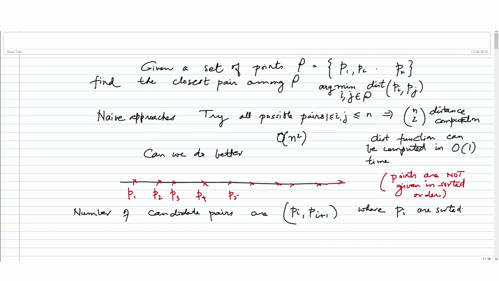Alternately, we can first sort the points, and then try the n minus 1 consecutive pairs.